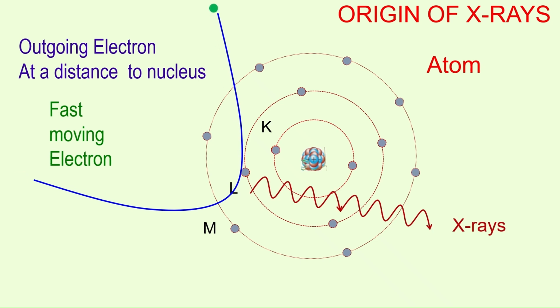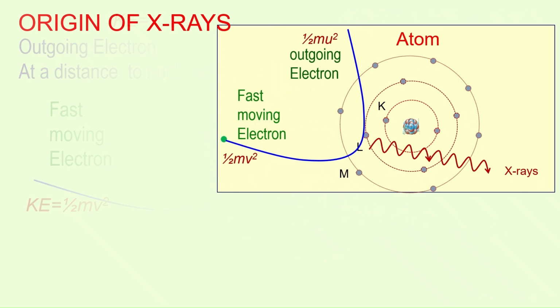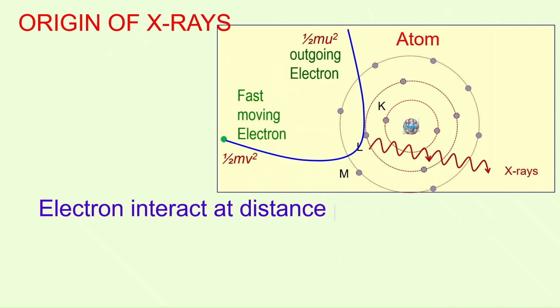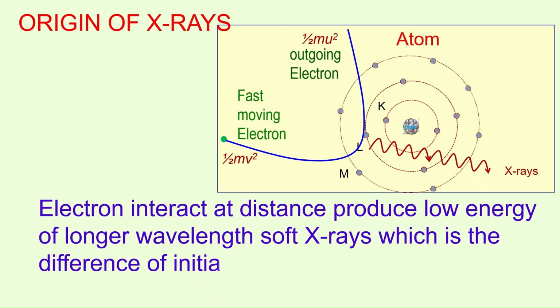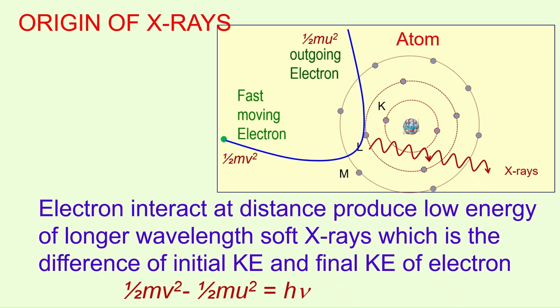The kinetic energy is half m v squared, which changes to the kinetic energy half m u squared. Electrons interacting at a distance produce low energy, longer wavelength, soft X-rays, which is the difference of initial kinetic energy and final kinetic energy of the electron. The kinetic energy half m v squared minus half m u squared equals h nu.